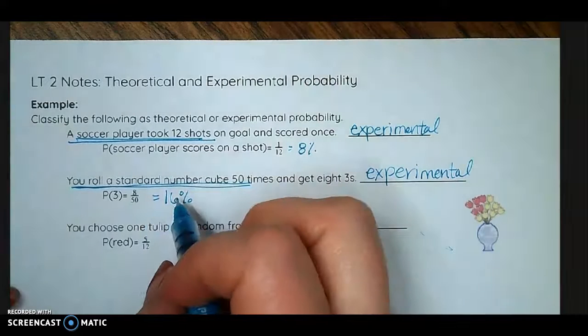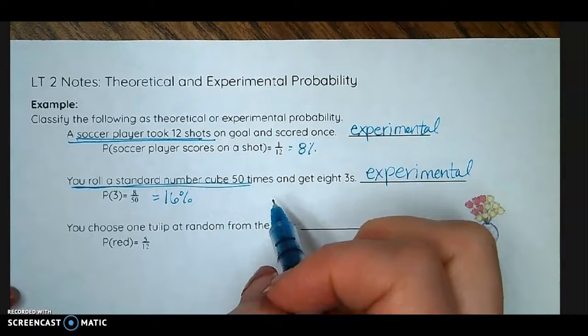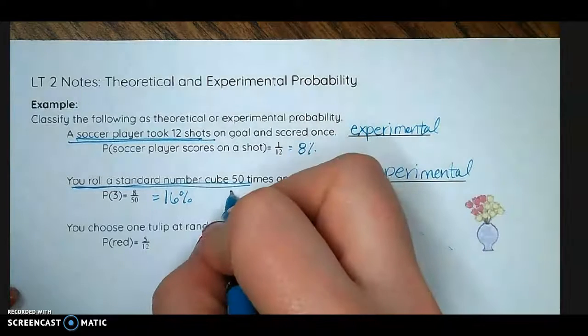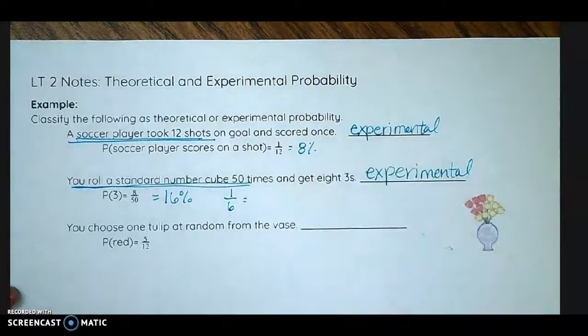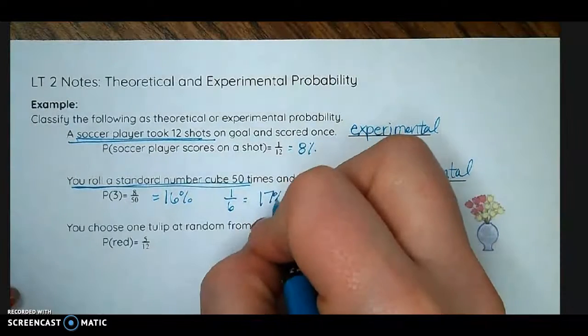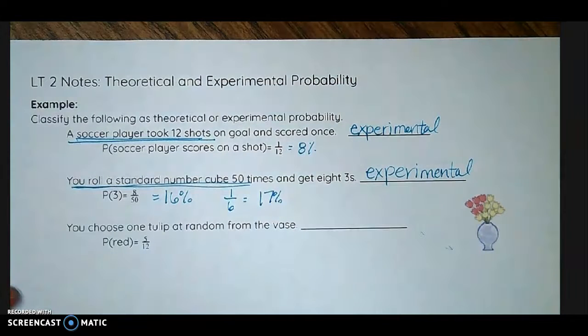And if I were to roll a number cube 1 time for a 3, I would get 1 out of 6, which would be 17%. So my theoretical probability was really close to my experimental probability.